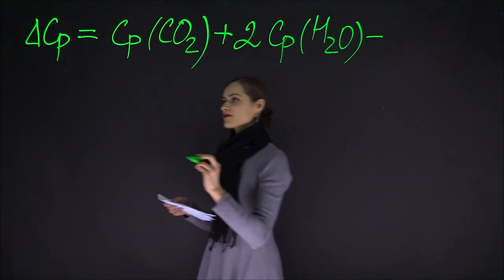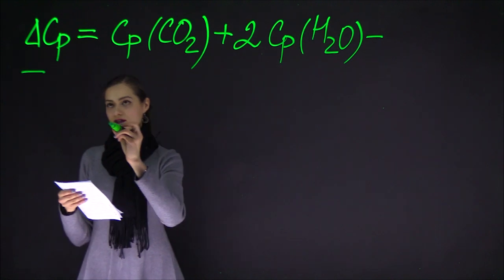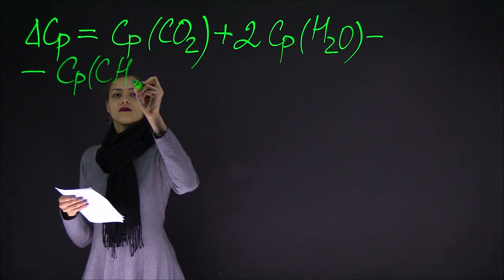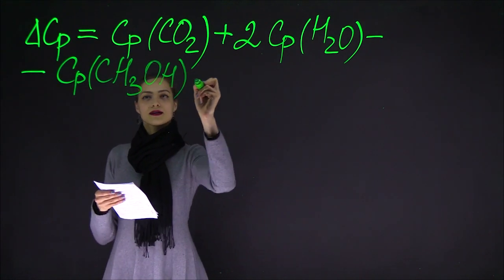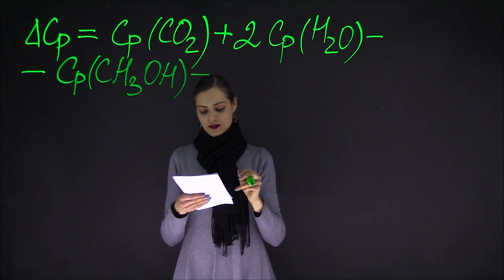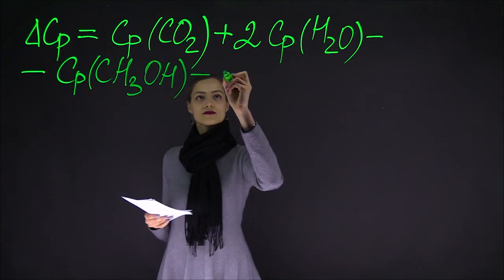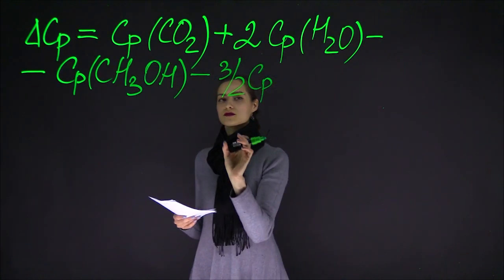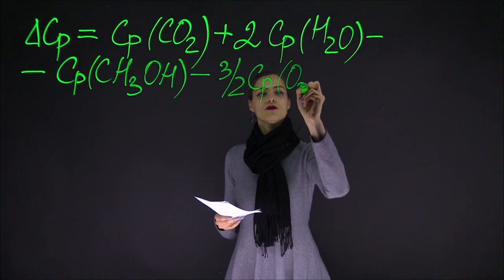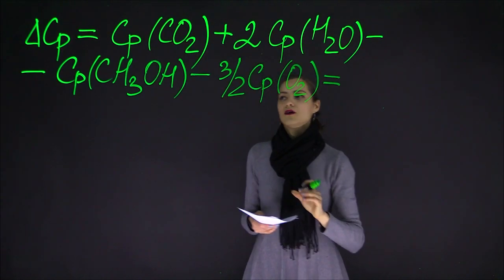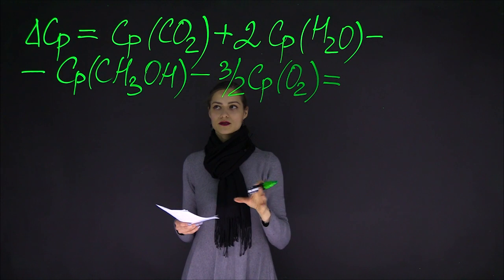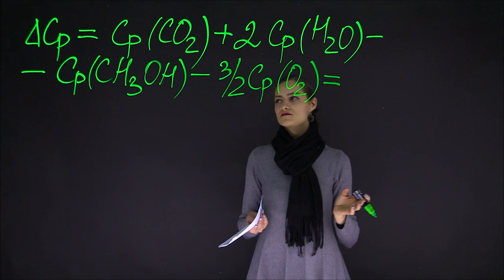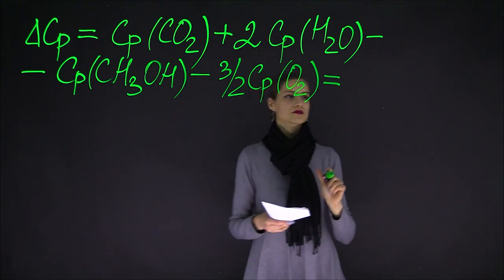So, first reactant, molar isobaric heat capacity for alcohol, and then minus molar isobaric heat capacity, but taking into account numbers of moles, for oxygen. All molar isobaric heat capacities are table data, so we need just take this data and place in our calculations.